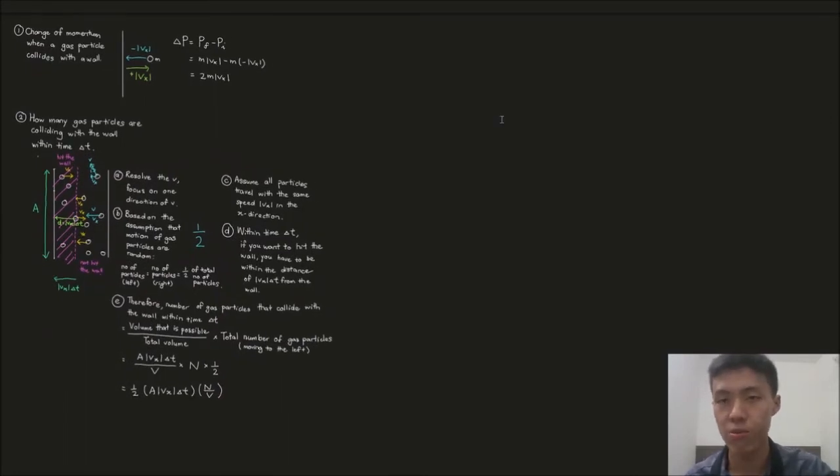The first is the change of momentum of a gas particle when it collides with the wall. And then we found the total number of particles that will be colliding with the left wall. If we multiply these two things together, we are able to find the total change of momentum of all the particles that are colliding with the left wall within time delta T.